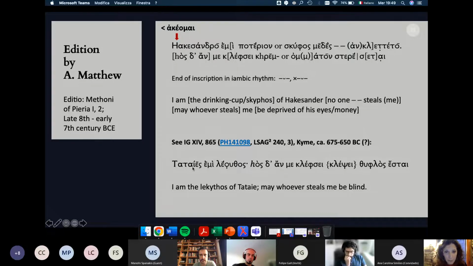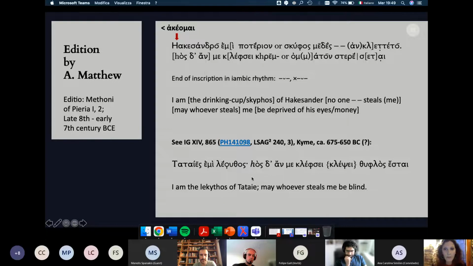For example, the text I put here, in which after the declaration, I am the vase, the vessel of this person, there is a osdan me. So there is the declaration, and then there is basically a threat. The vessel is saying, if you steal me, you will be blind, poor, or something like that.